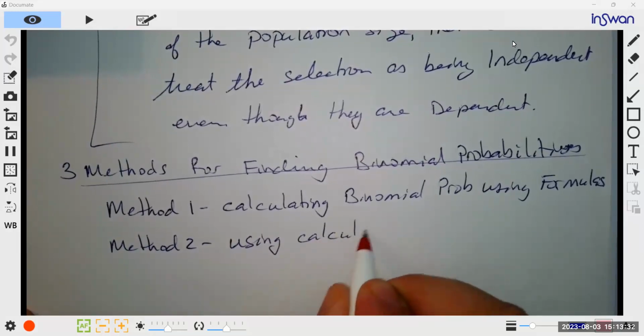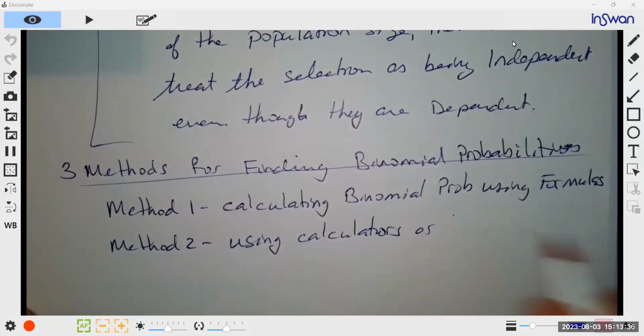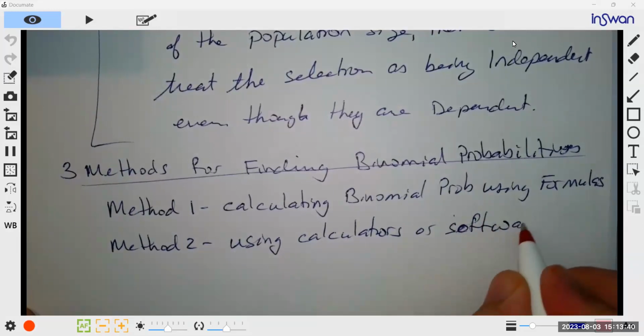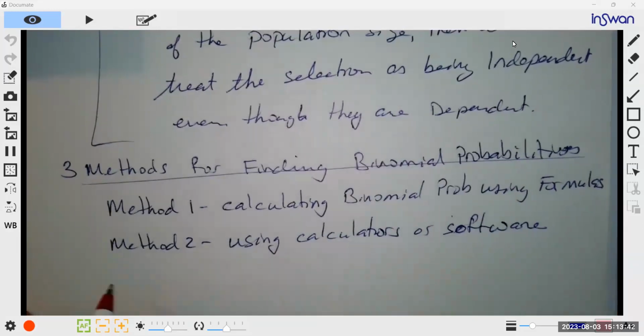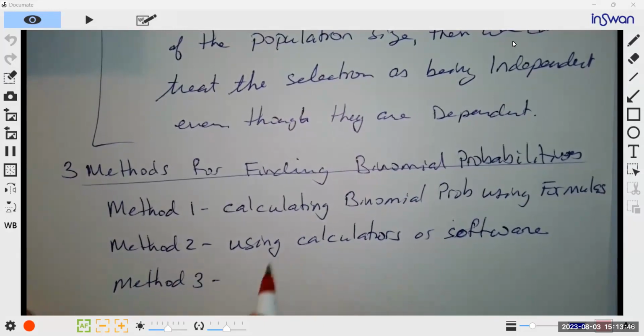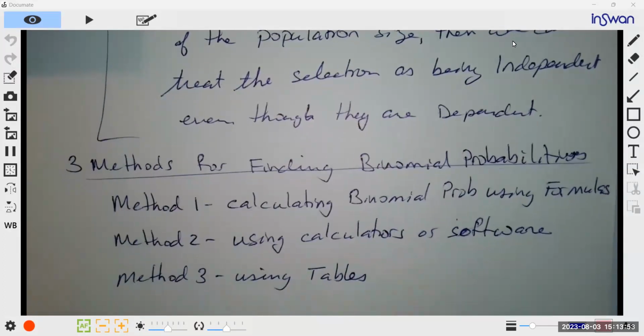Method 2. Using calculators or technology or software. Method 3. Using tables.